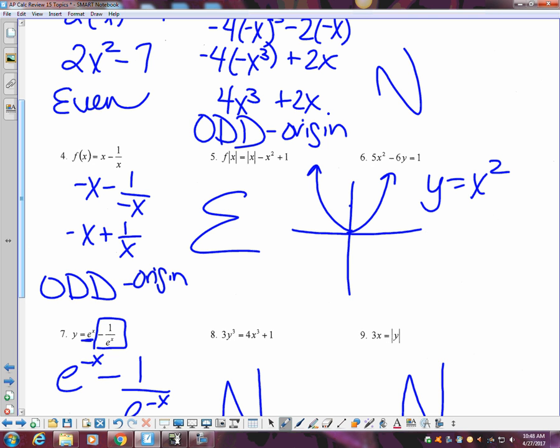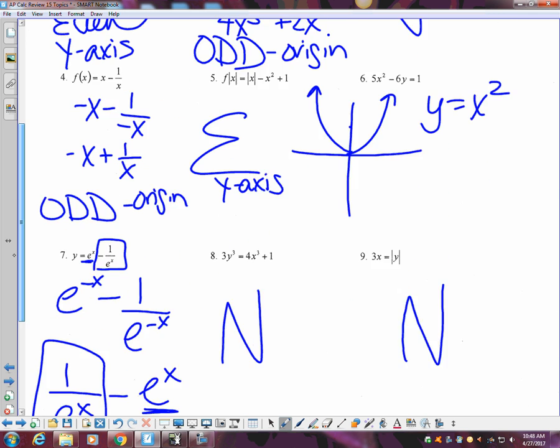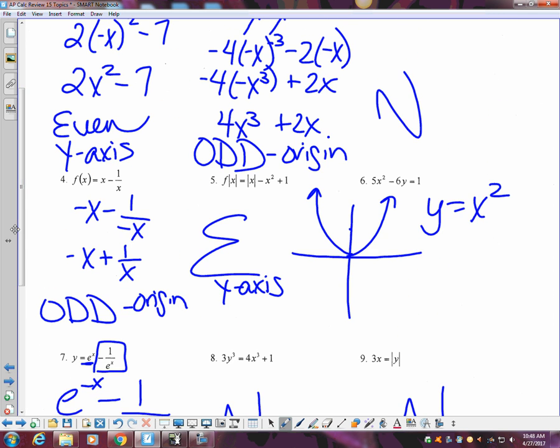Y-axis symmetry. So if you're even, you have y-axis symmetry. Y'all go with that? Okay. I don't think we need to get into x-axis symmetry. Okay. So we're good.